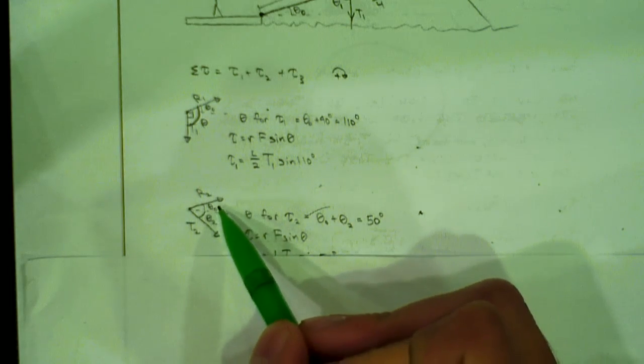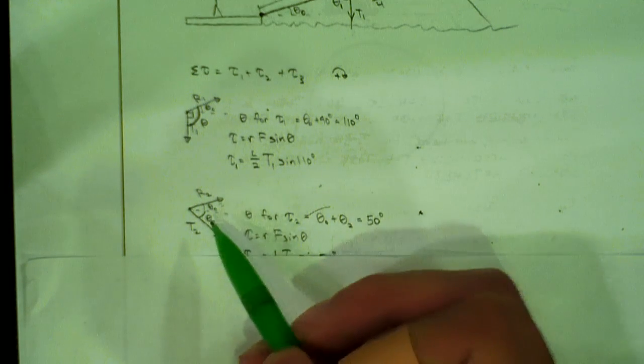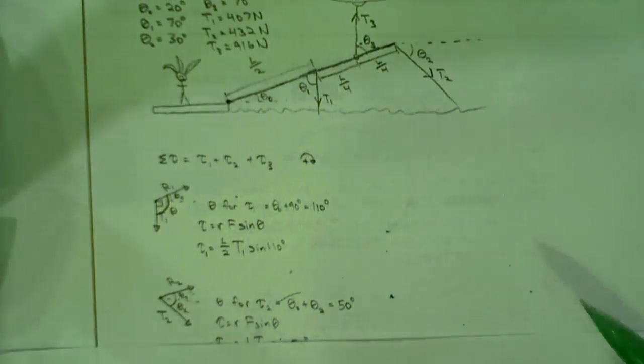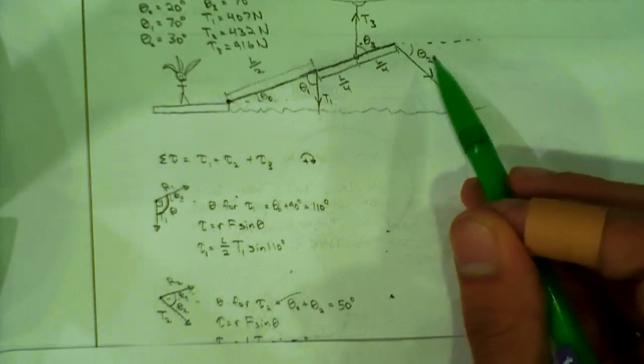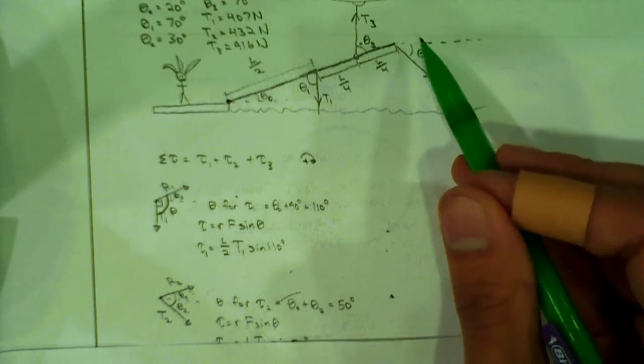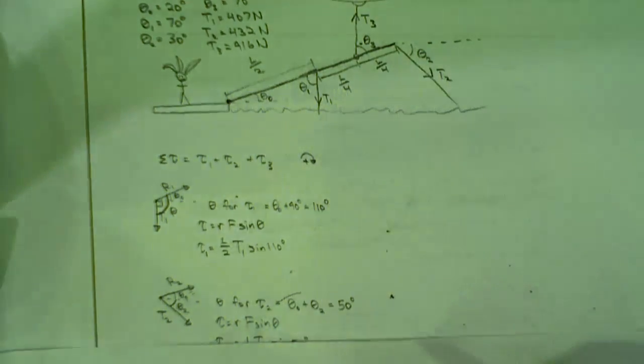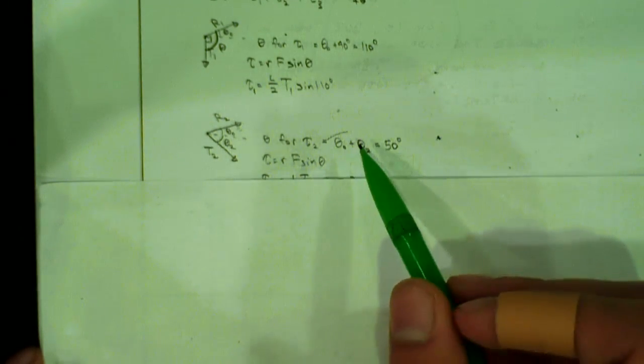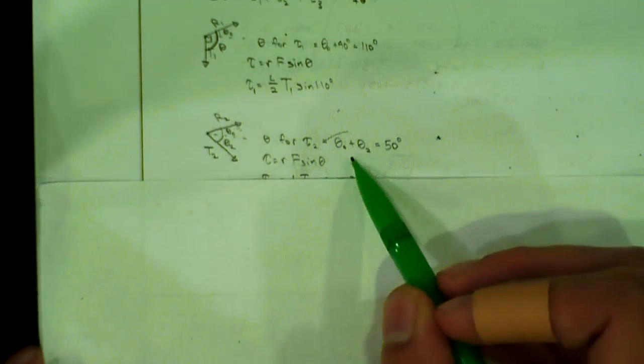We have theta 0 right here, and over here we have theta 2, which was given right there. So we have theta 2 plus that little theta 0. For torque 2, the theta is going to be the addition of those two angles. So we get 20 plus 30, that gives you 50.